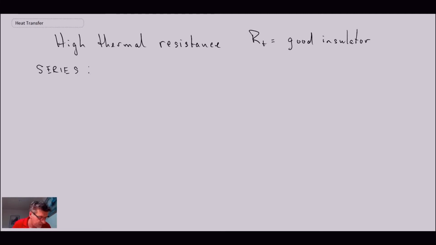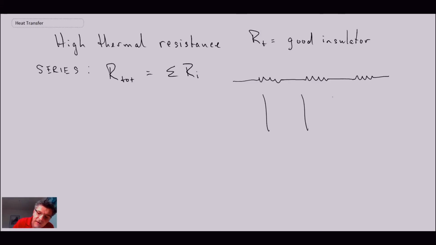We can put the thermal resistances in series, and we'll take a look at an example problem in the next segment that demonstrates this. So what you do is you sum up the thermal resistances for all of the individual components. So you'd have one thermal resistance, another one, and that might be a case where you have heat conduction through a wall that might look like that, and you have one material here, you have another material there, it would have a different thermal resistance, and then a third material here with a third thermal resistance.